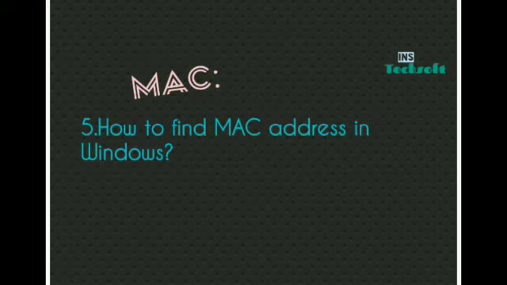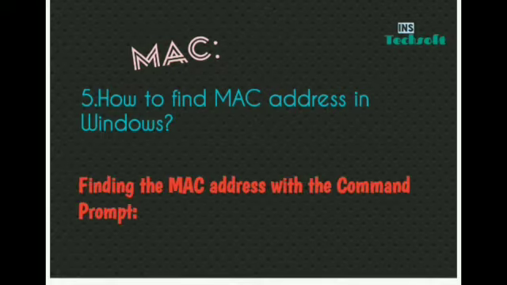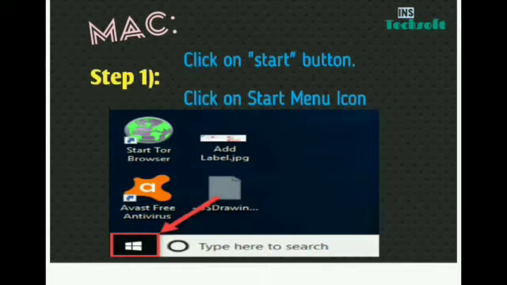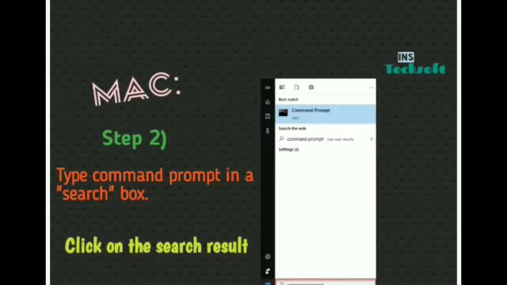So next we will see how to find the MAC address in Windows. See guys, here you can find the MAC address with the command prompt. In Windows, step 1, click on the start button, the start menu icon. Next, step 2, type command prompt in the search box and click on the search result.